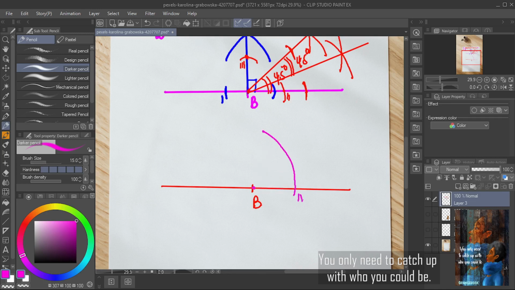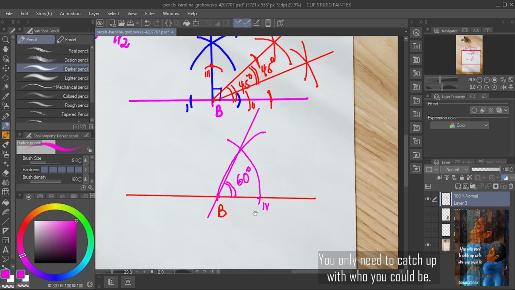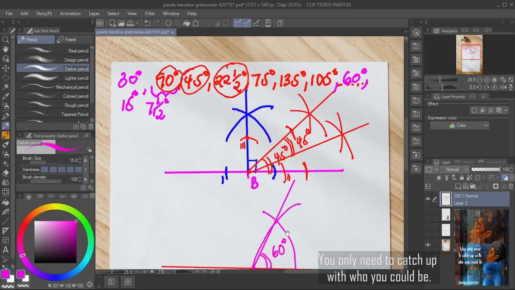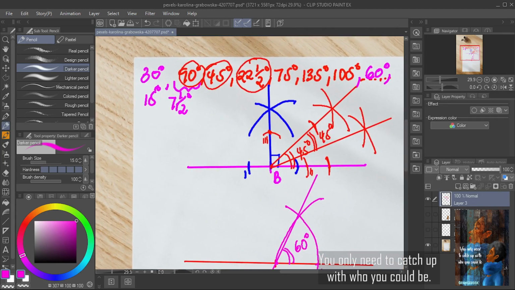Then standing at point 4, I make an arc with the same distance as the one I made for the first one. So I'll have that. I'll draw a line passing through B and that point, and the angle formed here is going to be 60 degrees. Now if I want angles like 30, 15 and 7.5, these three angles, they'll just be gotten by dividing that 60 degrees further and further.